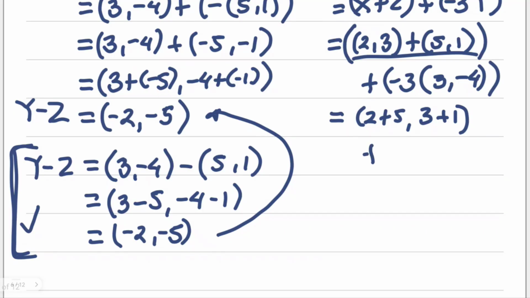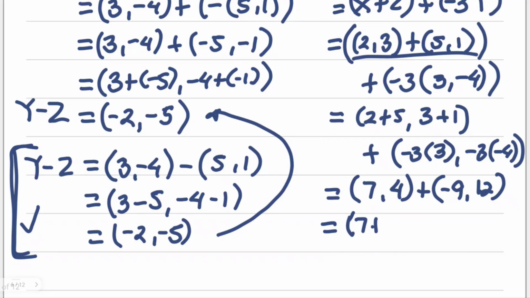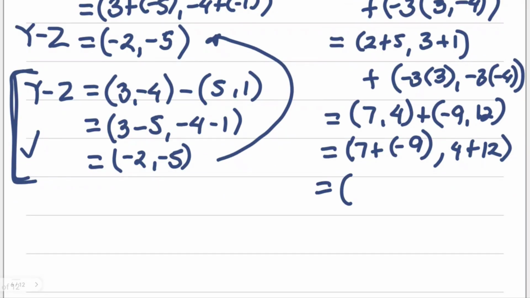And then you have plus negative 3 times 3, and then negative 3 times negative 4. That gives 7 and 4, plus negative 9 and positive 12. And after this, simply add: 7 plus negative 9, and then 4 plus 12. If you can do it automatically, why not? Which gives us negative 2 and 16.